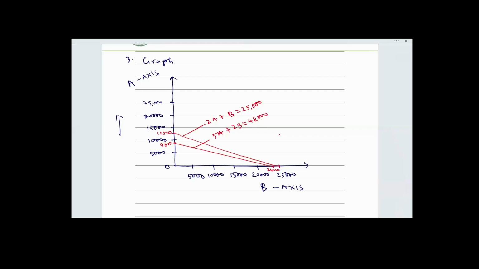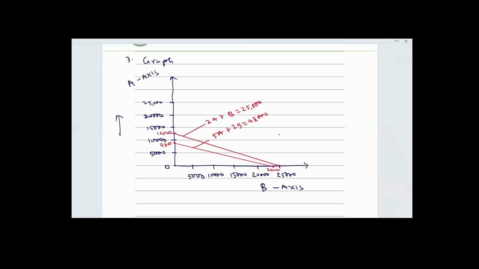In fact, this one too supposed to be straight like the other one. If I allow it, let me draw this one. 12,500. Correct. I'll show you.